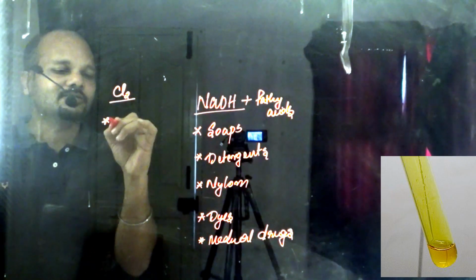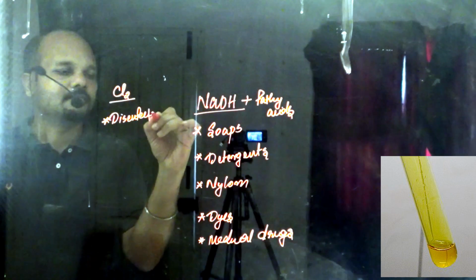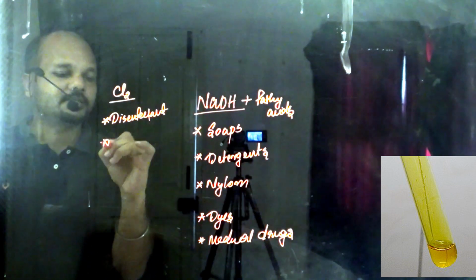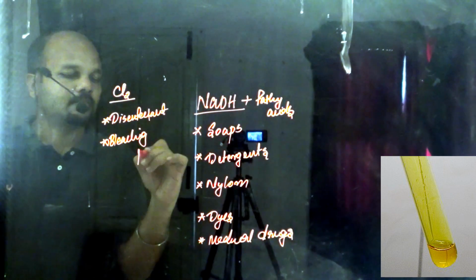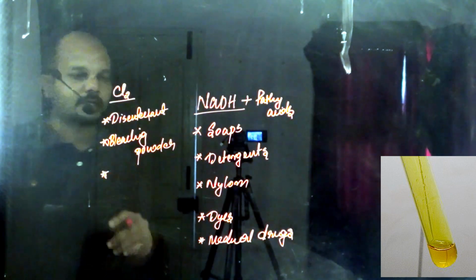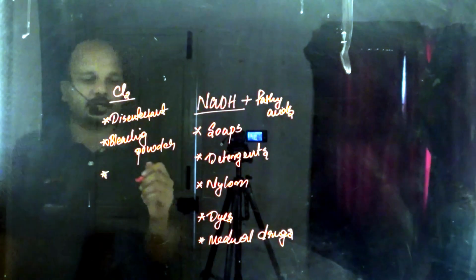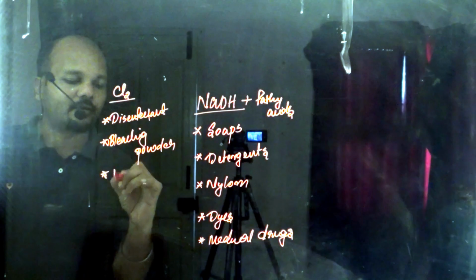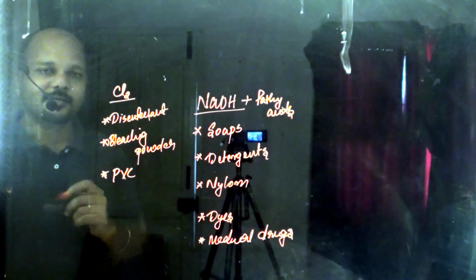So chlorine is one of the disinfectants, and it is used for bleaching powder. Okay, it is a bleaching powder, and it is used for making polyvinyl chloride. Okay, it is for making PVC, polyvinyl chloride.